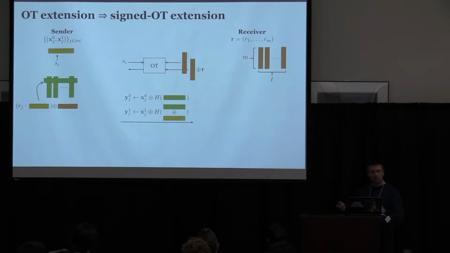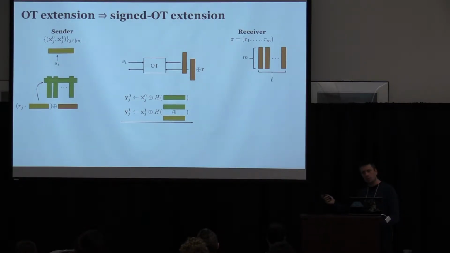This is in contrast with the traditional way we're thinking of OT, where Alice provides two inputs to OT, and Bob receives one and has no information about the other one. That's the functionality view, and that's how we will look at it. But here, two things are sent, and two things can be signed by Alice. Okay? And we can abort if Alice's signature on either of the Ys is not valid.